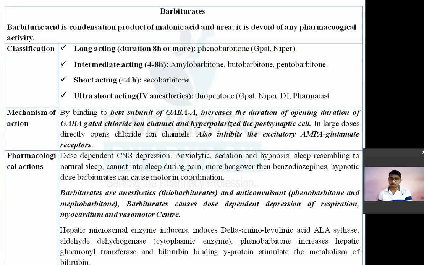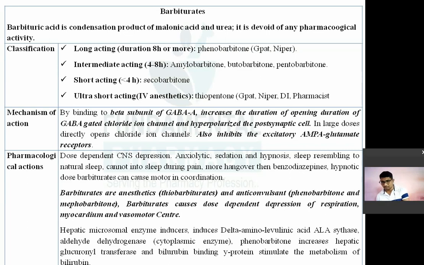In Hindi we call it peeliya. Phenobarbital stimulates the bilirubin binding protein, so free bilirubin will not be there in the blood if a large amount of protein is available for binding, and it also increases the metabolism of bilirubin. That's why phenobarbital is sometimes used in the treatment of neonatal jaundice.